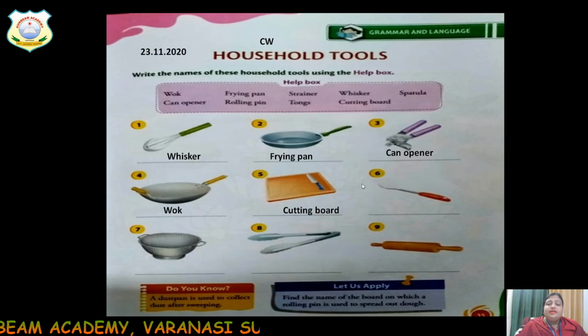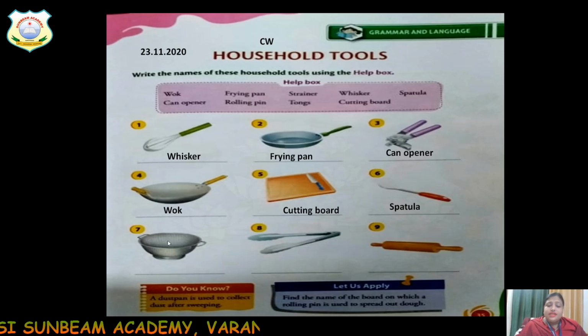Now what is this? This is spatula. Spatula is used to fry something. It is used with frying pan. When you cook something in a frying pan, you use spatula.